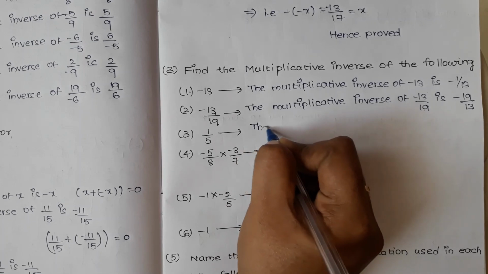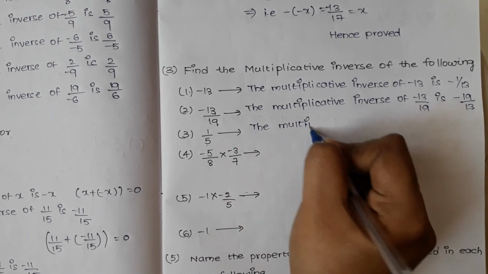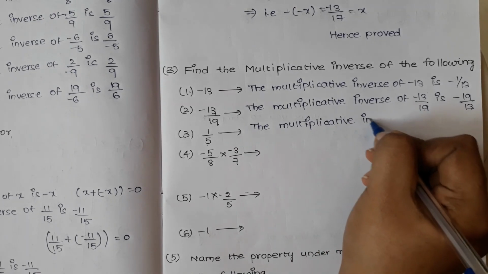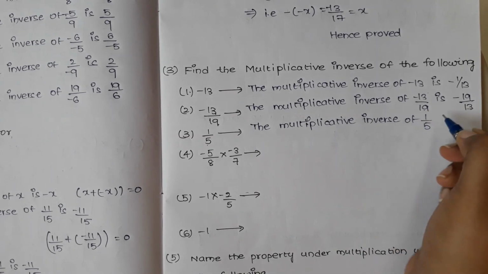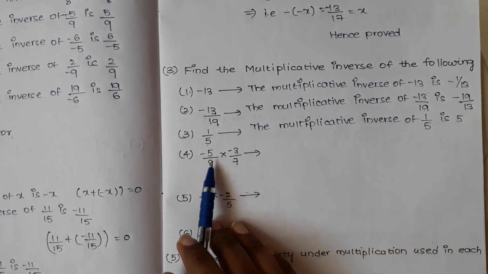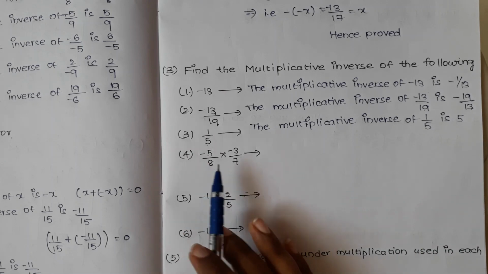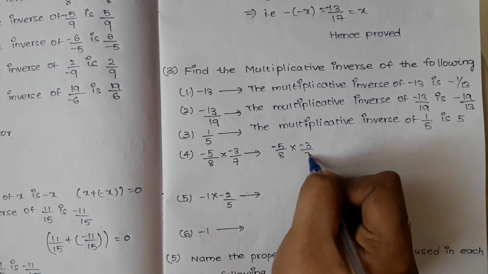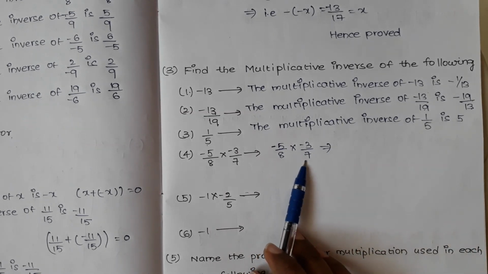The multiplicative inverse of 1 by 5 is 5. Similarly, here we have the product of two rational numbers, that is minus 5 by 8 into minus 3 by 7. First we have to multiply these two.